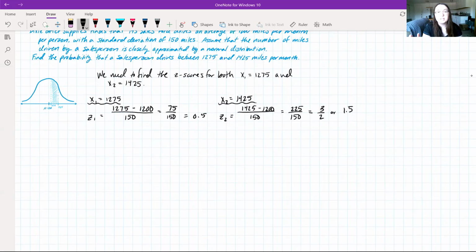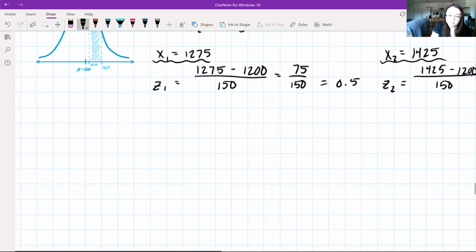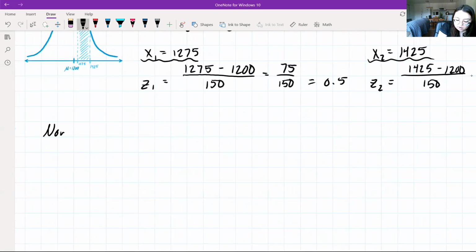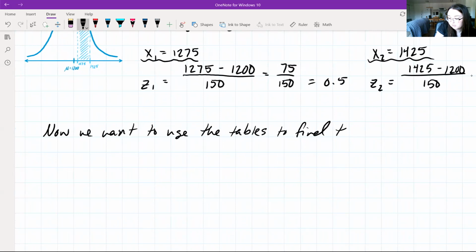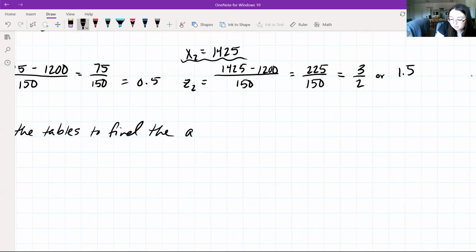So we have our corresponding z-scores to our x values, and now we really want to use the tables to find the area under the curve.